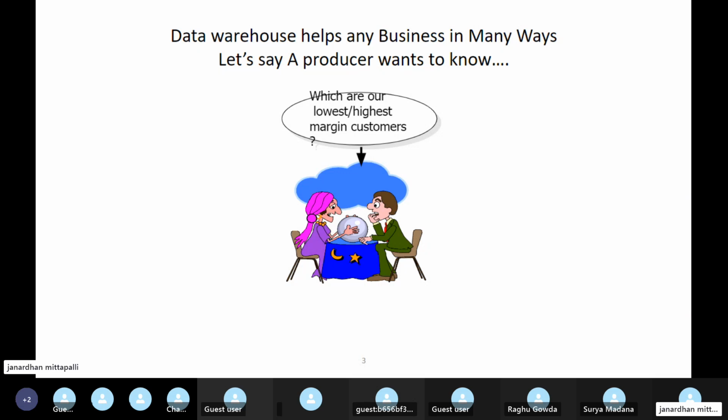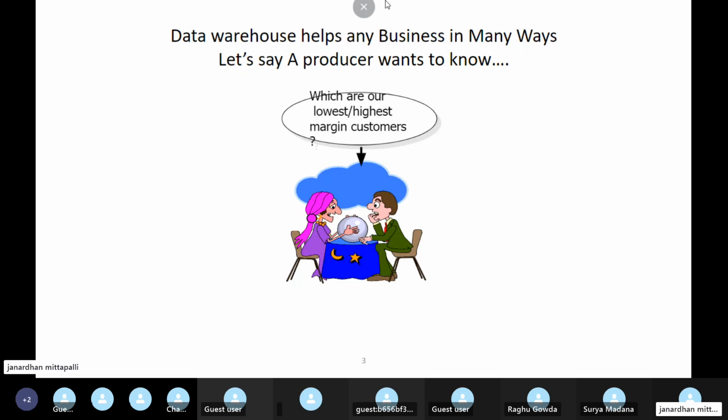If you take the top 20 customers with respect to your sales, you can see the top 20, or top 5, top 10, based on your number. The same way, if you want to know the lowest margin customers, you can use ascending and descending order of sales. If you make it ascending, it will start from 0 to maximum. If you make it descending, then maximum to 0. Based on this, you can take top-end customers and bottom-end customers.